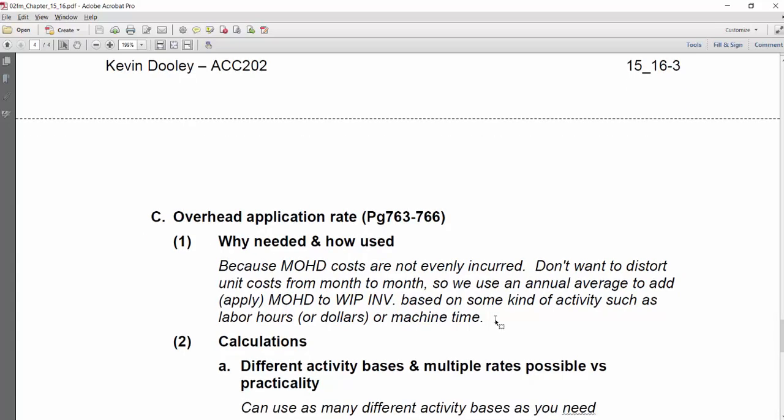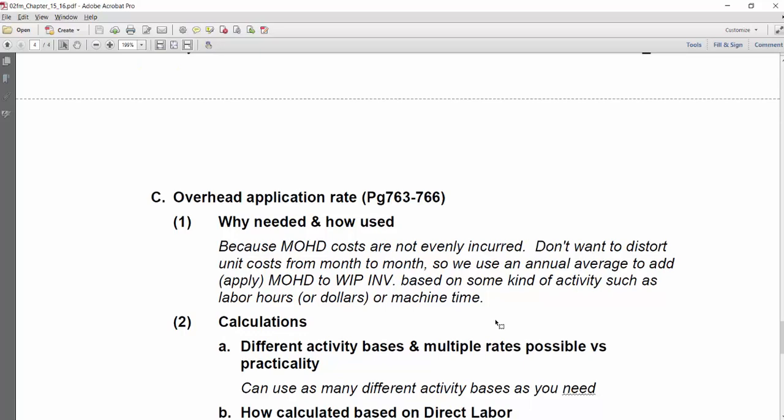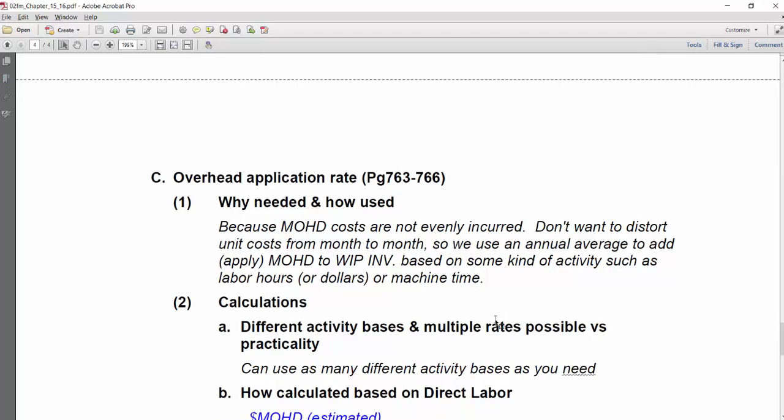As a practical matter, let's say our activity base is our direct labor dollars. So if we incur more direct labor costs, our manufacturing overhead will go up by a fairly predictable amount. If we have less direct labor cost, our manufacturing overhead will be less by a fairly predictable amount.